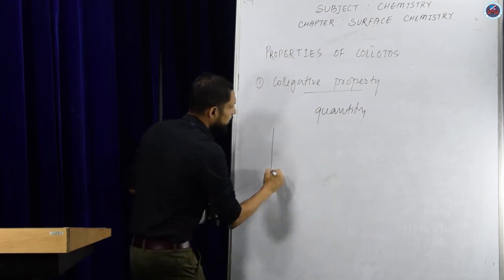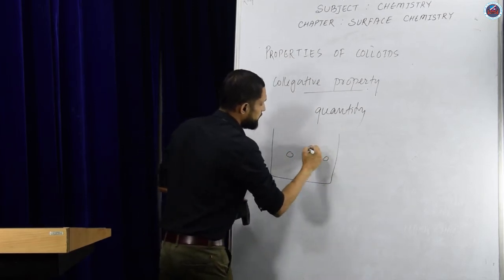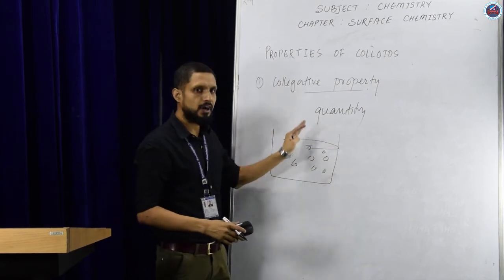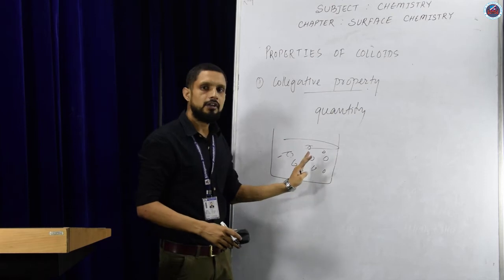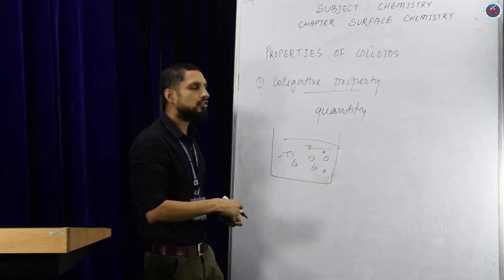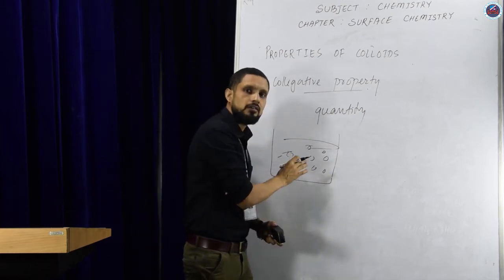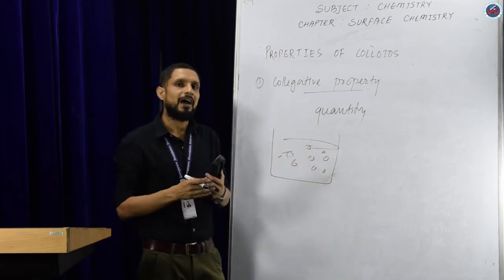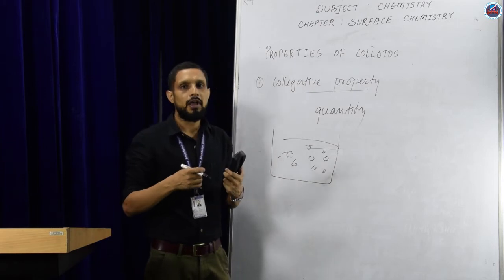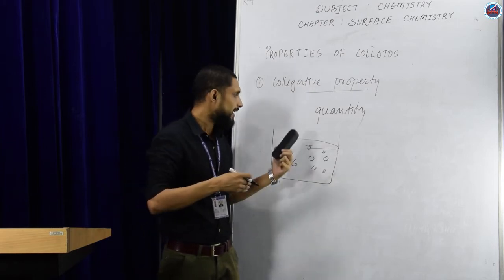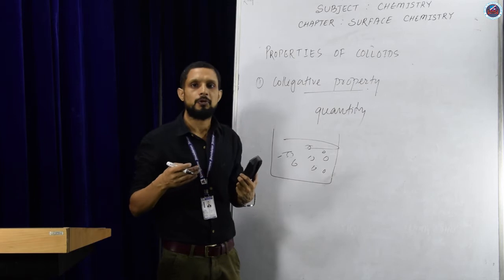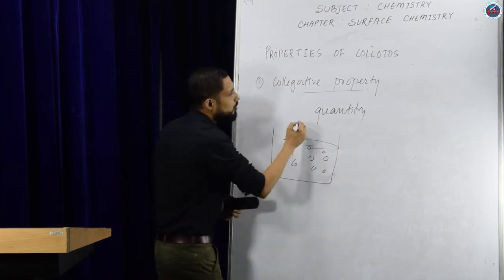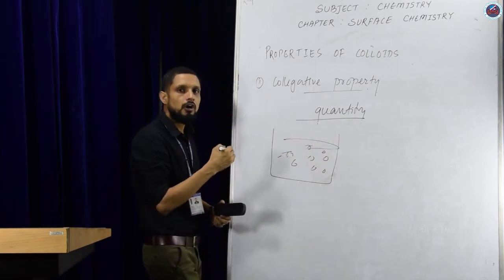Like if you take a colloidal solution, the properties of the colloid are purely dependent on the number of the particles. It's not dependent on the nature of the particle. It doesn't matter whether it's strong or weak, whether force of attraction or force of repulsion is there. It's simply the quantity, the number of particles.